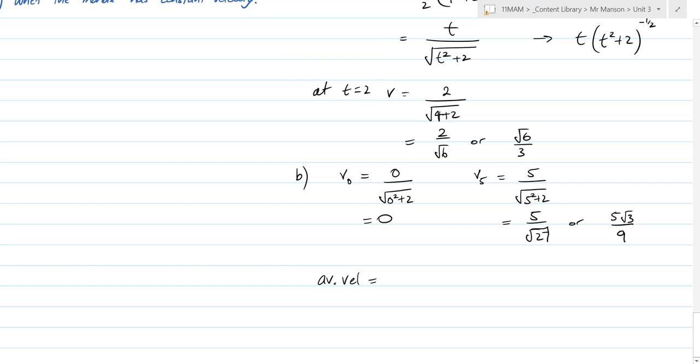Velocity is equal to change in position over change in time, so displacement over time. I've not calculated my displacements, I've calculated my velocities. I didn't need my velocities.